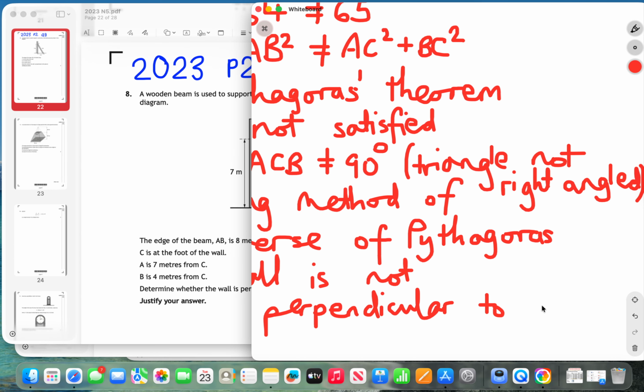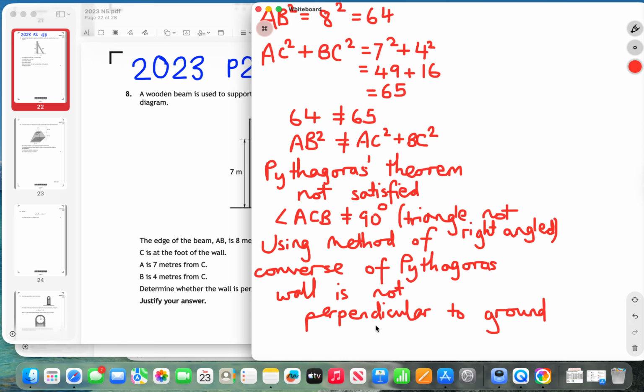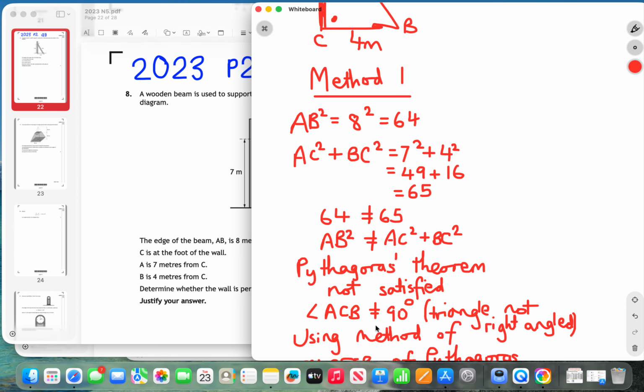So this is what I would write. That's us done the first method.